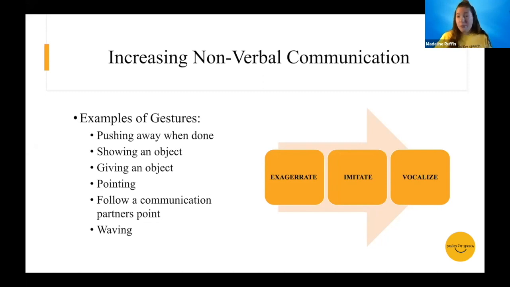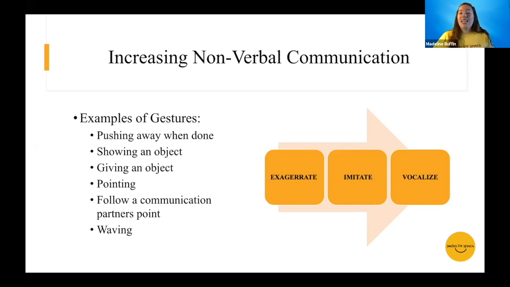Another example of a gesture might be showing an object to us, so showing us their favorite toy or showing us a book they want us to read. Some other gestures would be giving an object to a communication partner, pointing, following a communication partner's point, or even waving.